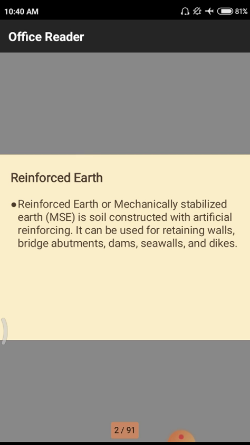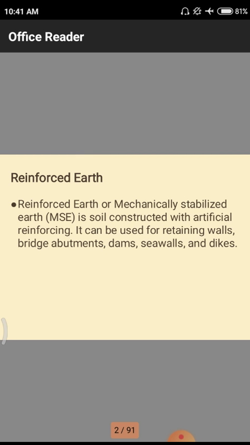Why? Because a ship has a huge amount of weight. Due to that weight the water may penetrate into the soil structure. To control those kinds of penetration, we go for reinforced earth to arrest the water penetration into the structure. Why?